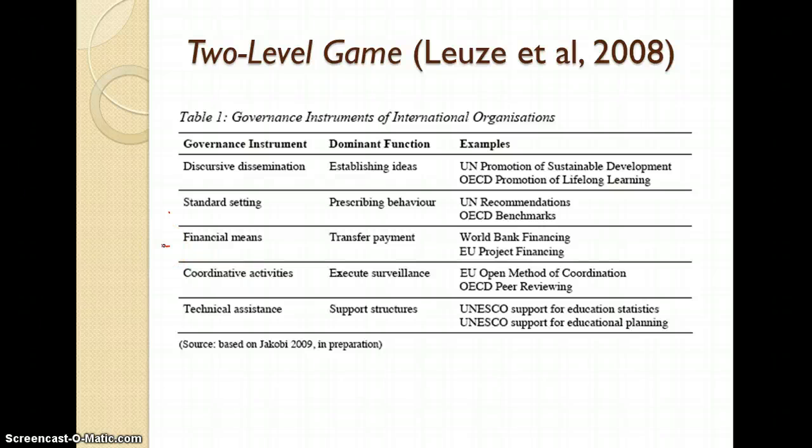There can be more financially coercive means or persuasive means, shall we say, if we wanted to be gentle about it. That would involve transfer payments from the World Bank or from the EU or some other organization. There can be coordinative activities where they basically evaluate or they execute surveillance. So peer reviewing, open method of coordination, all these sorts of ways of maintaining accountability, right?